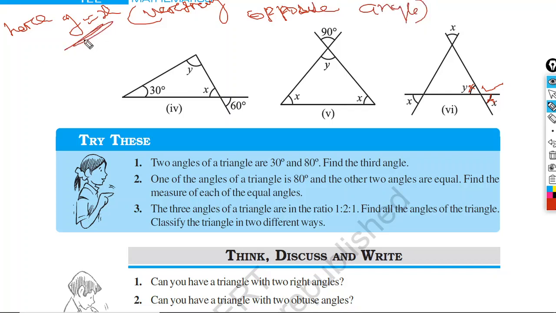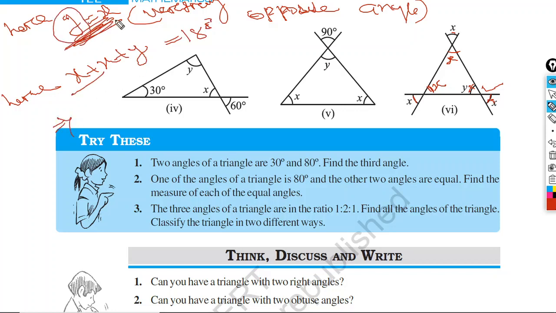Now here y equal to x you got. Now this x will be equal to this angle x. Now this x, here this angle will also be x. Here x plus y equal to 180 degree implies x, but we have y equal to x, so in place of y we can write x.